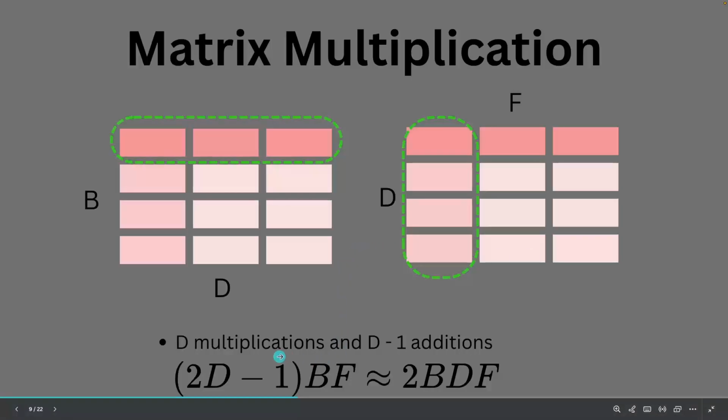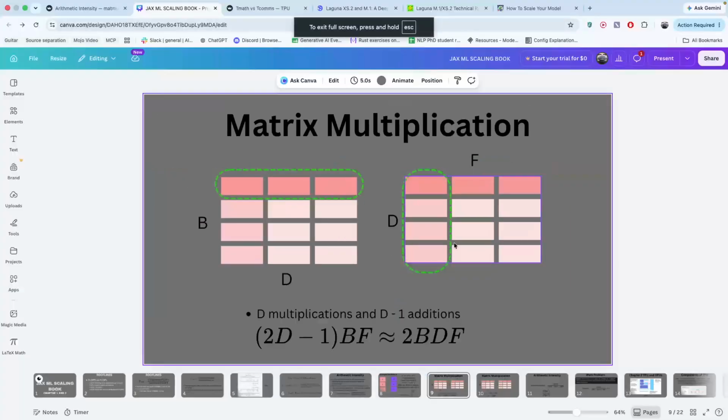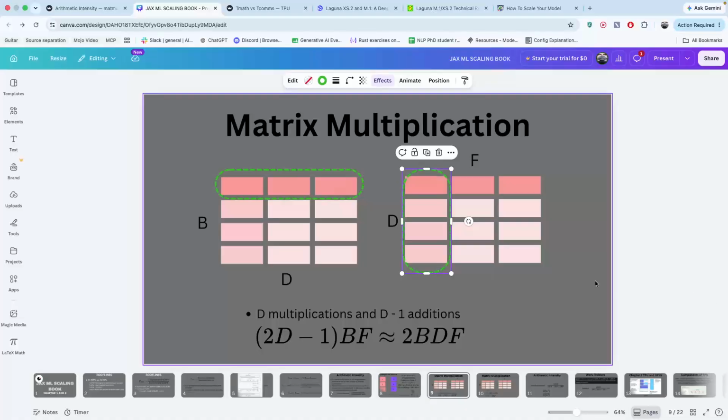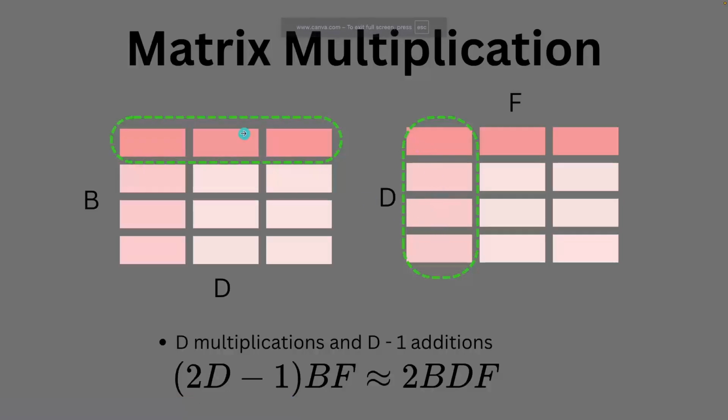If you see the number of operations you are doing here, this row is of length D and this is of length D. One mistake here is this has an extra number of rows, so let me fix it in the post slides. This should be an equal number of columns and rows.